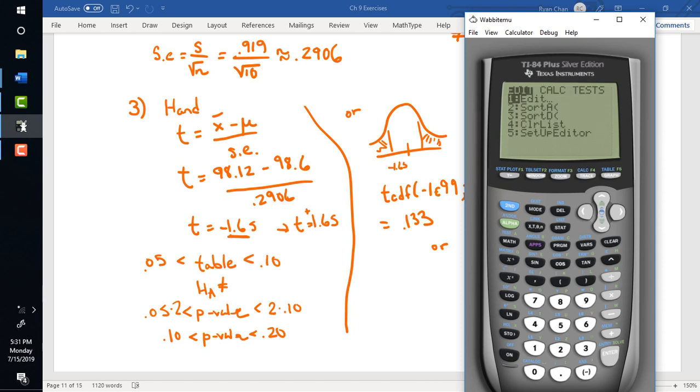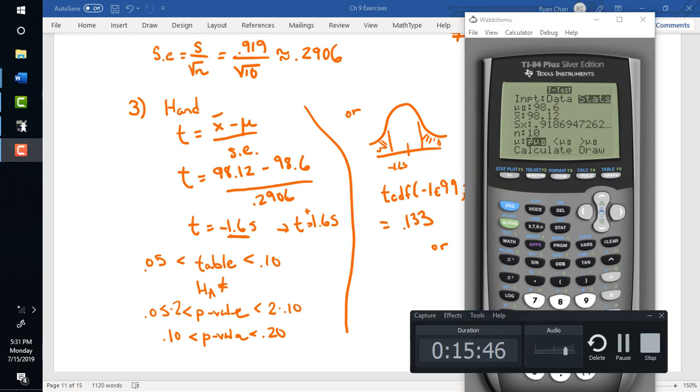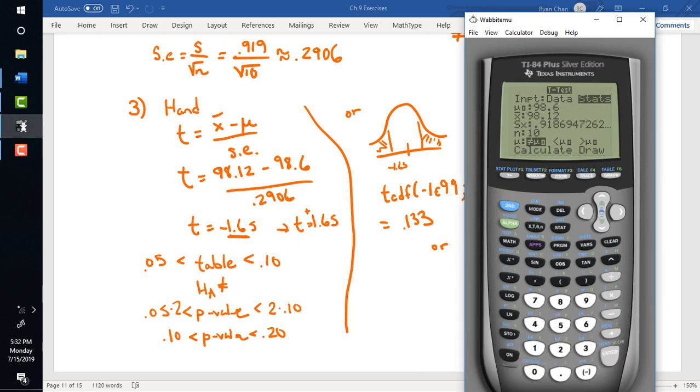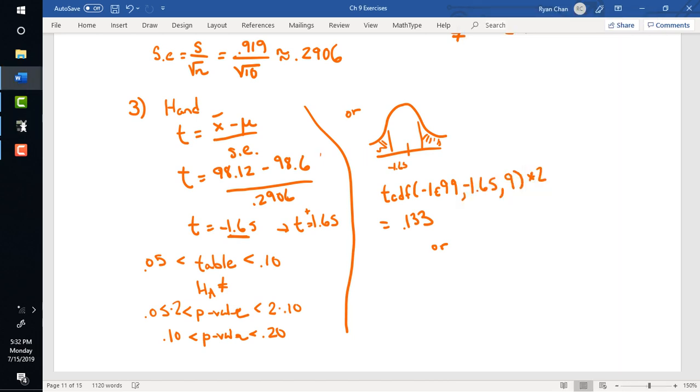So what you can do is once you go to t-test, you'll enter everything you see on the screen, okay? So you'll write what you'll see on your calculator screen. So you can write it like this.